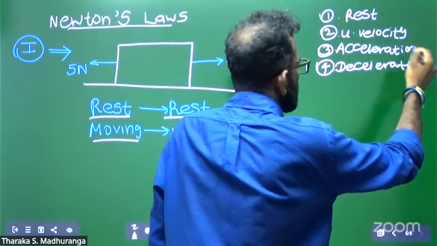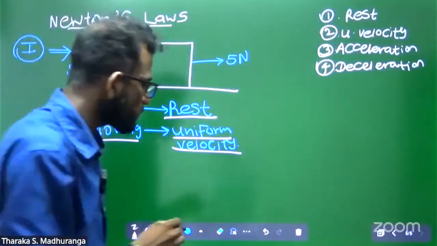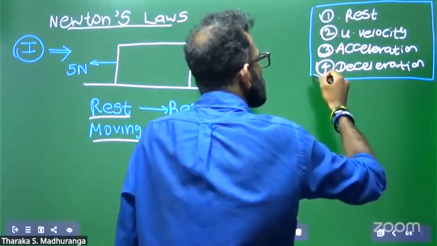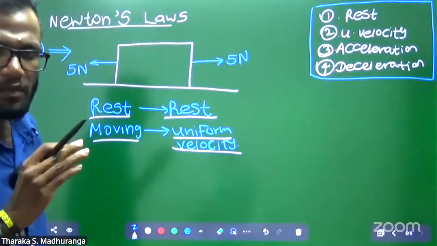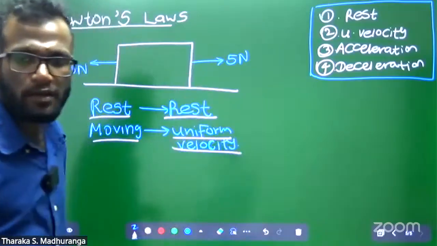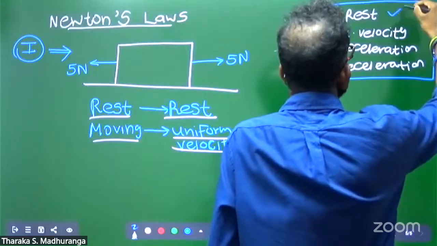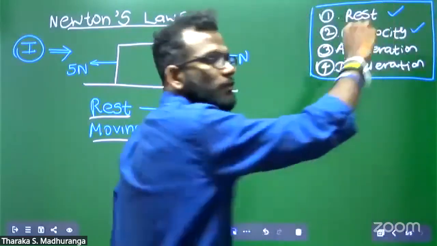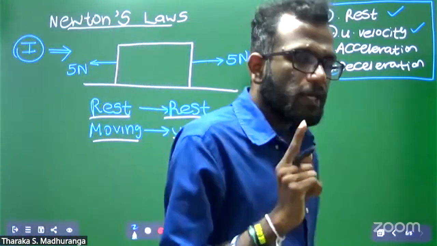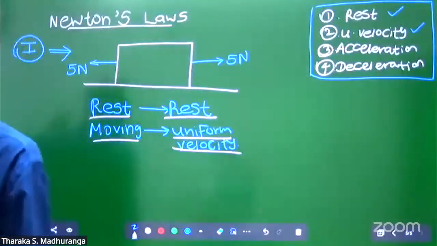As I told, in linear motion there are 4 motion types. From these motion types, mainly in Newton's first law, he has explained about the rest object and the uniform velocity object, no?